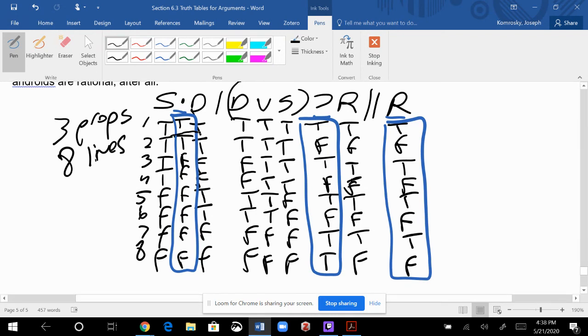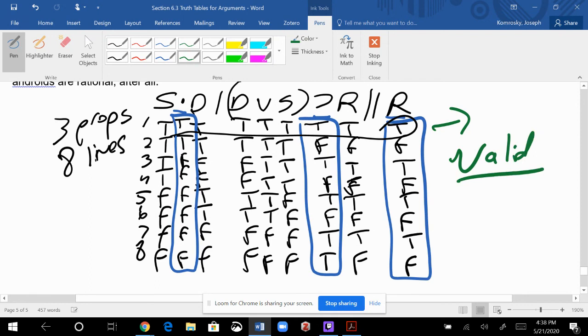No. So on this one, true, and a true, false. So anytime you have a false, you don't have to go all the way across, because we're just looking: do we have true premises and a false conclusion? And we don't. So therefore, we have a winner. And this whole thing is valid. And yay, we're done.